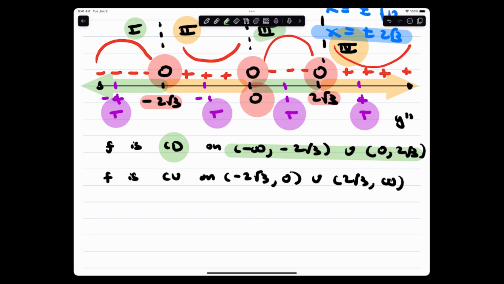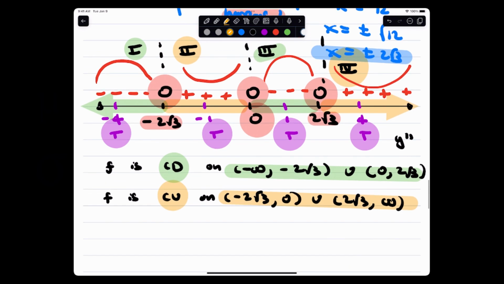And that's when you're going to be concave up. Easy peasy lemon squeezy. Okay, you guys okay with that one? That's how you answer your questions.